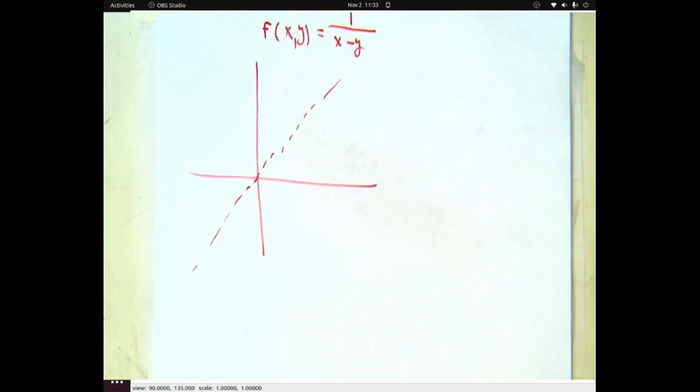If you give me a point and ask me to evaluate this function, first, I have to figure out x minus y. There's no problem with that. Then I have to find the reciprocal of this number, and there is a problem with that one. If x minus y is 0, I can't do that. If x and y are the same number, I'm not going to get a function value back out of this.